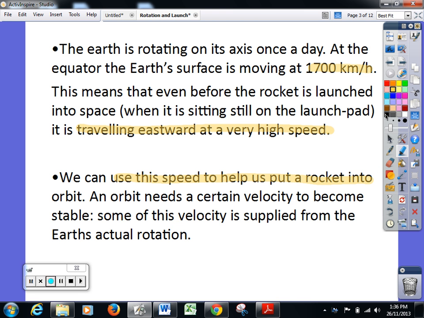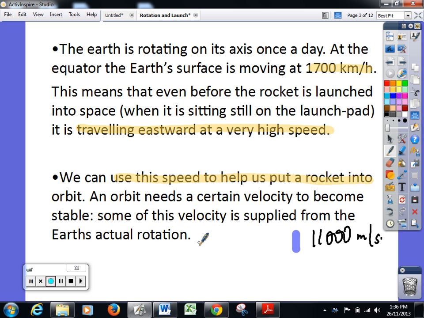Now remember, we need velocities of around 7,000 metres per second or 11,000 metres per second for orbital and escape velocities. So for a normal escape velocity, it's 11,000 metres per second. That's for escape.